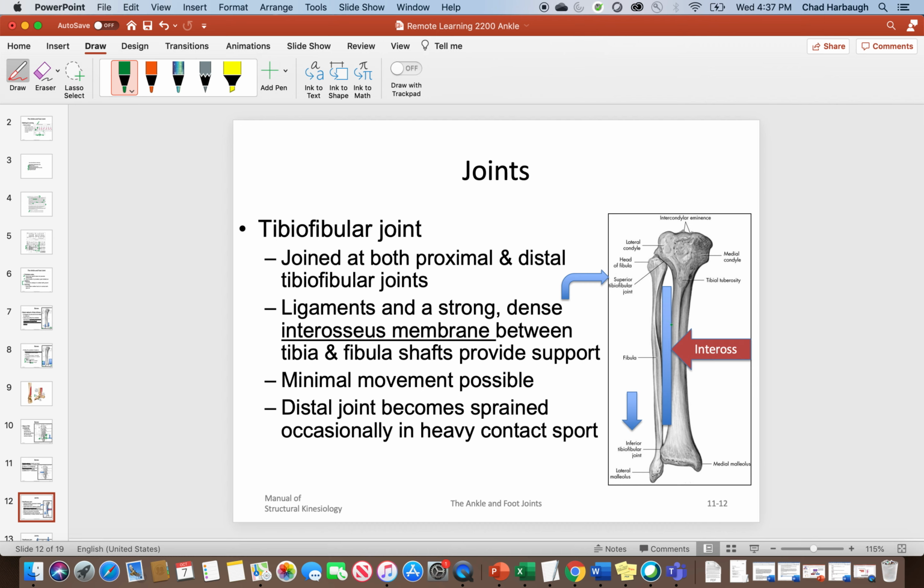And some of the key areas that we see with this interosseous membrane is in the inferior tibiofibular joint and the superior. In this area, the interosseous membrane is helping to hold these two areas of what we consider to be a joint between the fibula and the tibia.